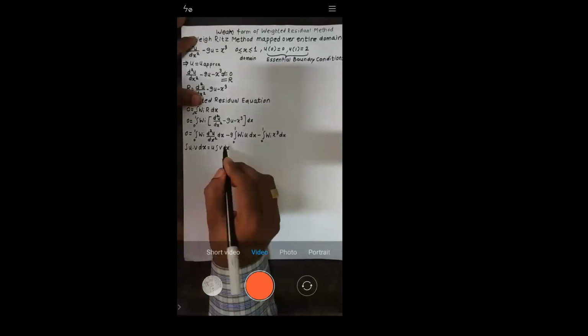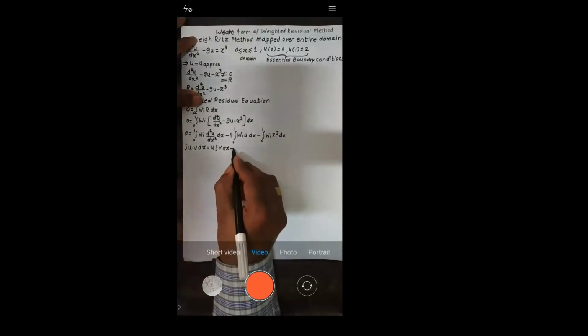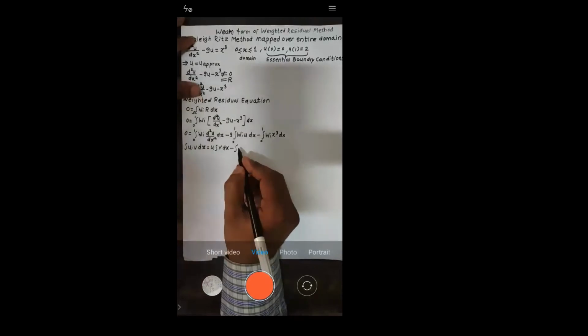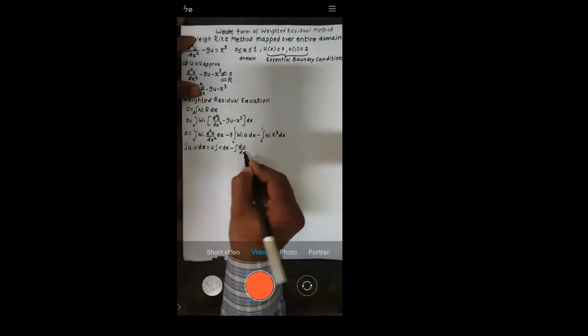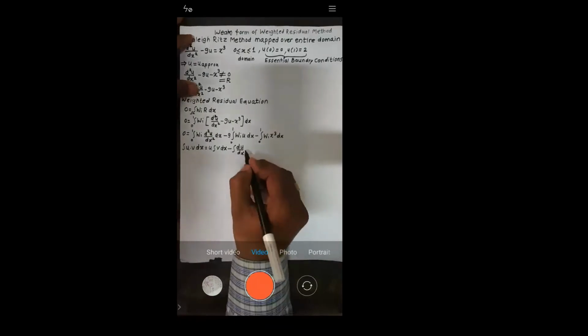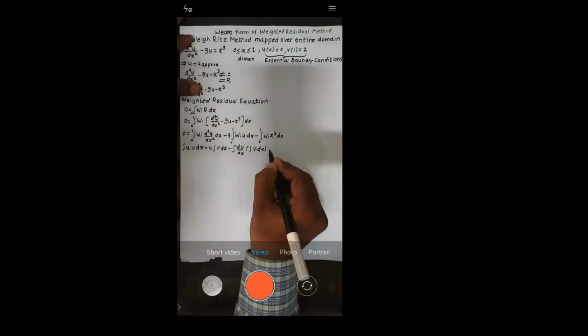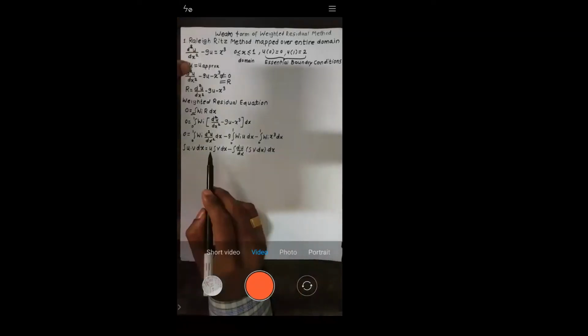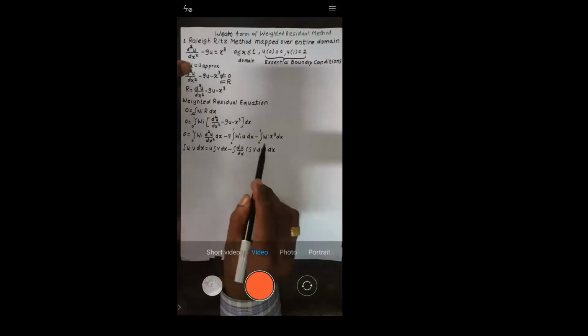First into integration of second, minus integration of derivative of first into integration of second dx. Is it okay? Yes or no? First into integration of second minus integration derivative of first into integration of second dx. Is it okay? Right?